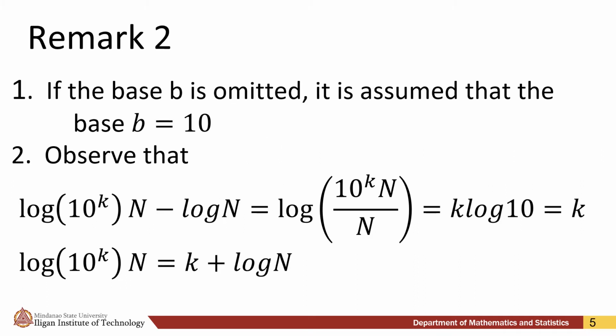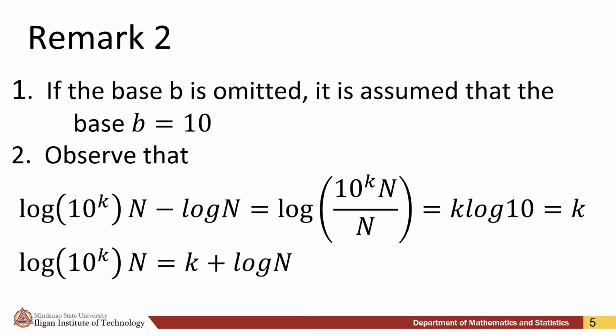Remark 2. If the base b is omitted, then it is assumed that the base is equal to 10. Observe also that the logarithm of 10 to the k times n minus the logarithm of n, because this is a minus here, is equal to the logarithm of 10 to the k times n over n.